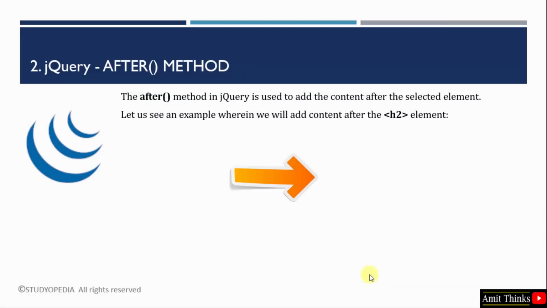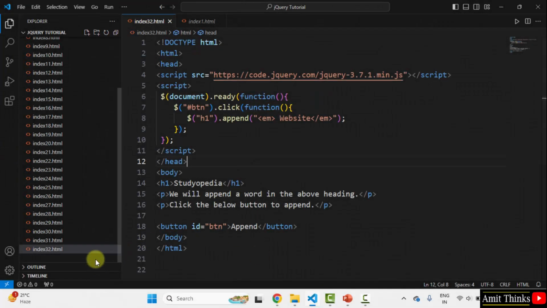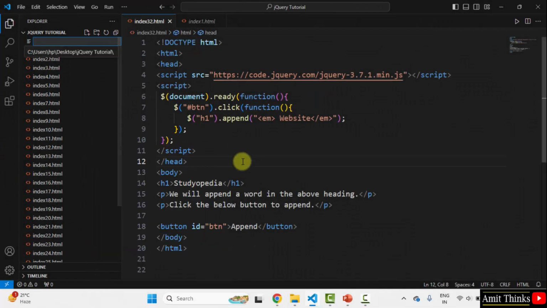In the next example, we will add the content after the selected element using the after method. So what we will do, we will see an example and we will set the content after the h2 element this time. So let's see the example. Let us create a new file. Right click, new file.